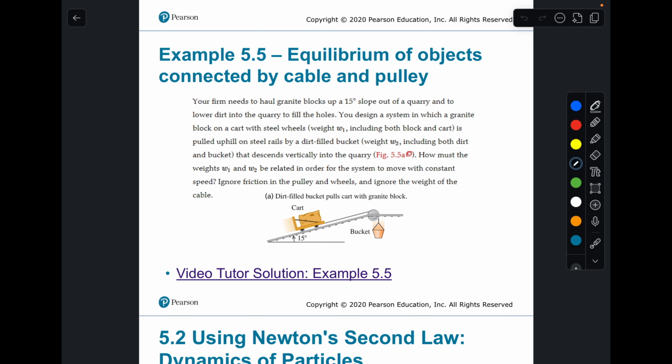So let's take a look at example 5.5, where we have the inclined plane and we have some additional forces. We have the force of tension, which is caused by a hanging bucket full of rocks or something.